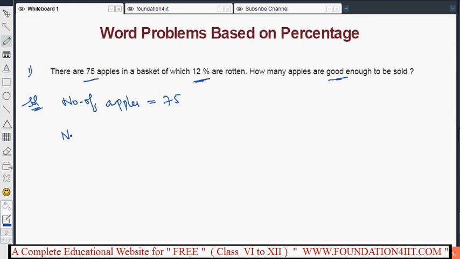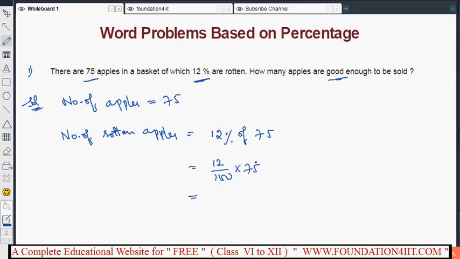Simple problem. So number of rotten apples, that is 12% of 75. Okay, 12% of 75 which are not good, that you can write 12 by 100 into 75.